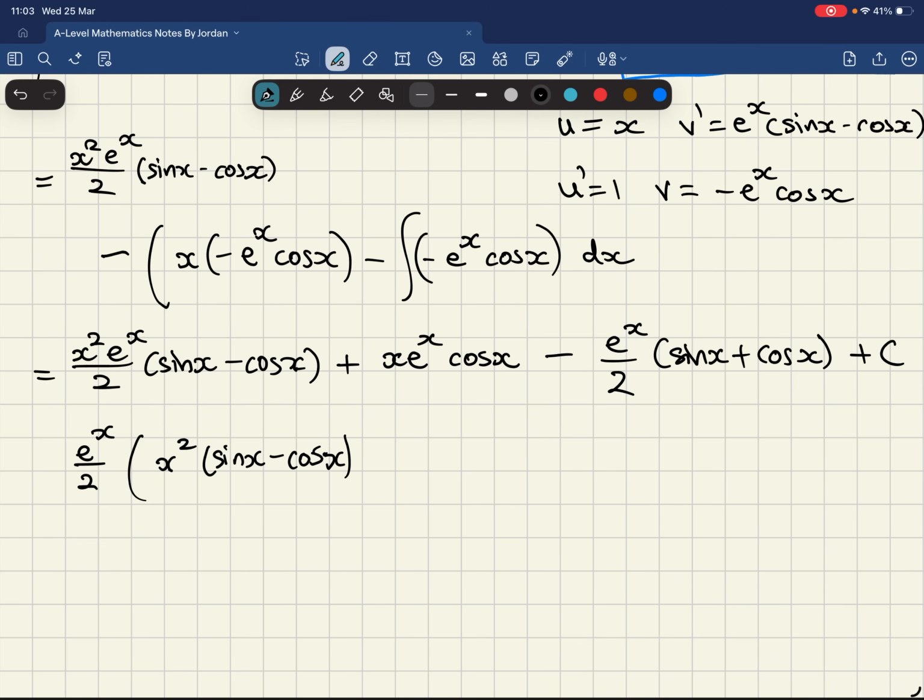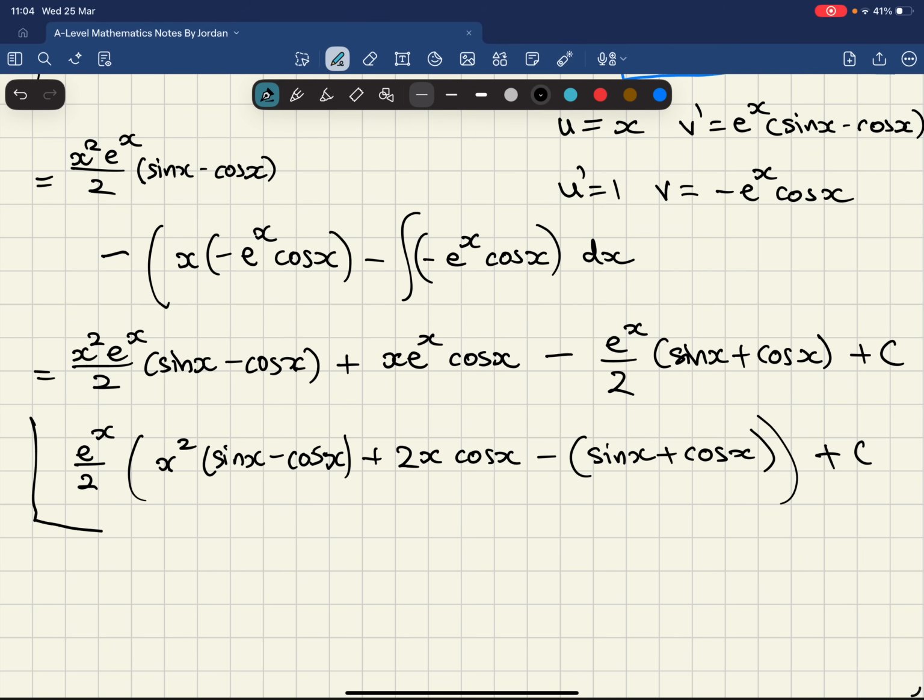And then here, because we've took out the divide by 2, this is going to be multiplied by 2, so that's 2x cos x. And then again, we've took out the e to the x over 2, so we've got minus sine x plus cos x here, plus c. And that will be the final answer for this question.